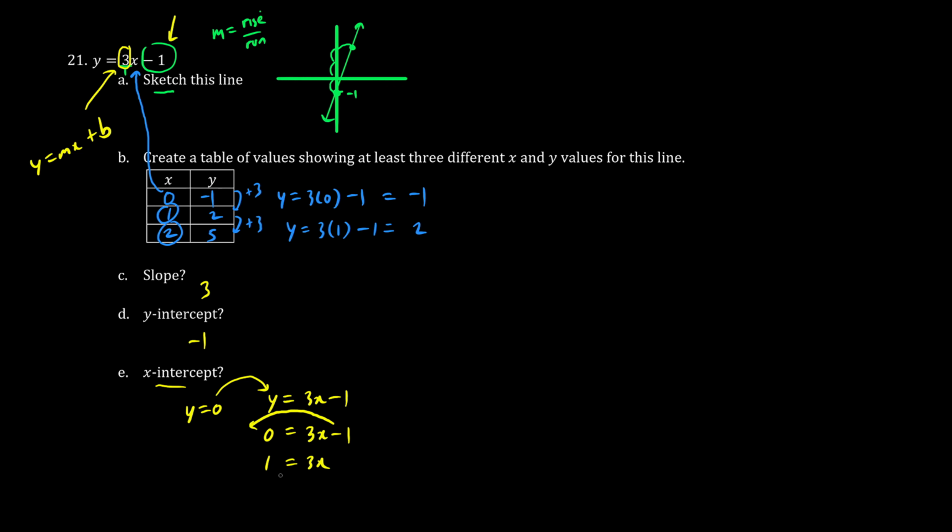And then we divide both sides by 3. So x equals 1/3. What does that even mean? It means that the x-intercept, when y is 0, we're trying to find the x value at which the line crosses. x equals 1/3.